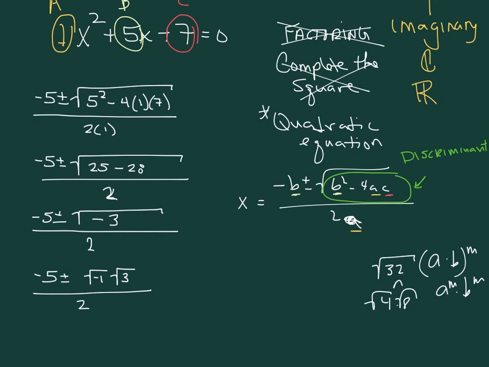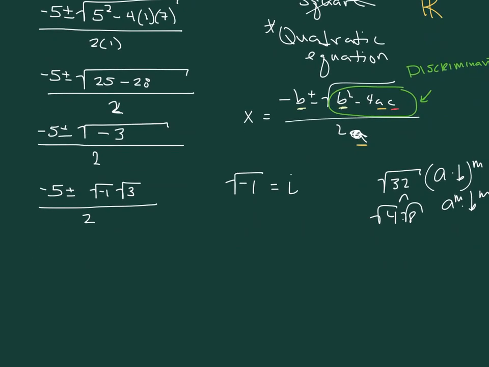We know, coming back to -5 plus or minus the square root of -1 times square root of 3 all over 2, that the square root of -1 will simply equal the imaginary i. And so it's going to be -5 plus or minus i square root of 3 all over 2.